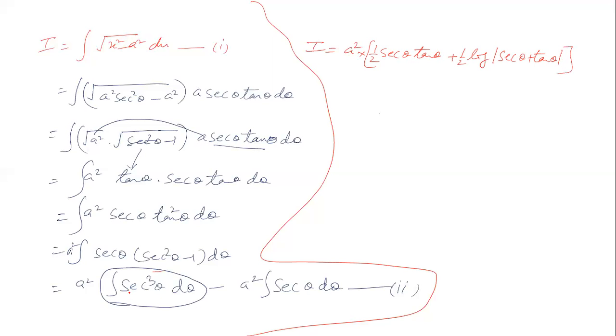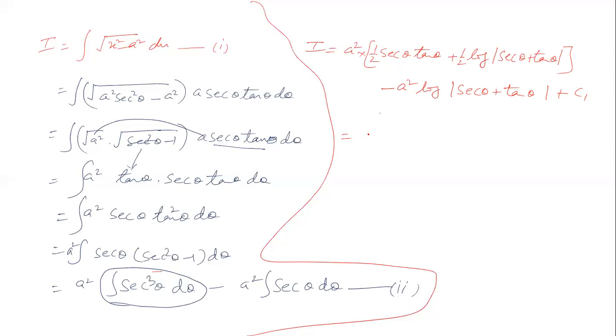This is the integration of sec cube theta, minus a square, and integration of sec theta we know that log of sec theta plus tan theta plus say c1 or c.